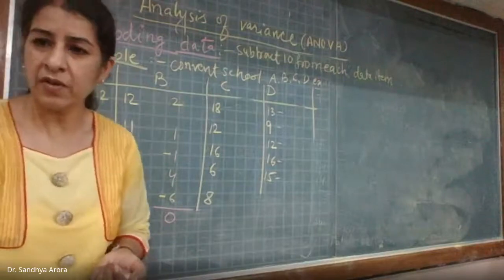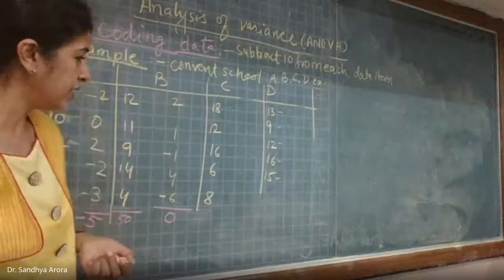And what is the standard deviation of a normal distribution? It is 1.